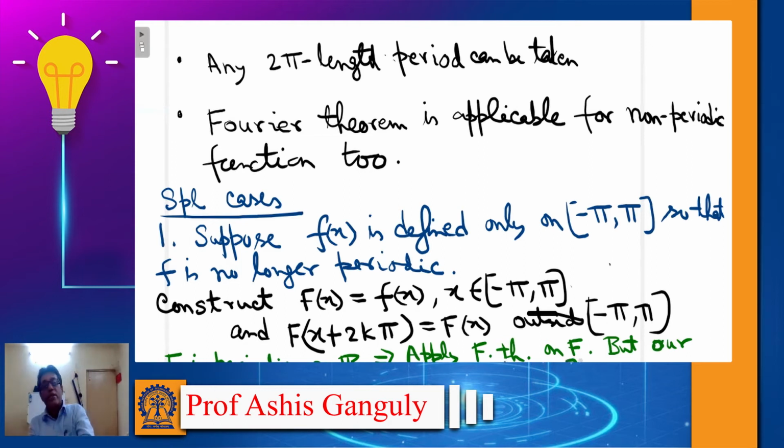To apply the Fourier theorem, we make an identical copy of that function profile, which was in minus pi to pi. In each such 2 pi length, we make an identical copy on both sides to make it periodic. So we can apply the Fourier results, which I stated at the beginning. This is one case.